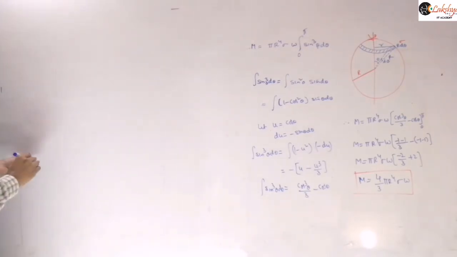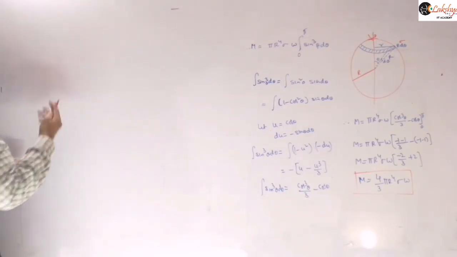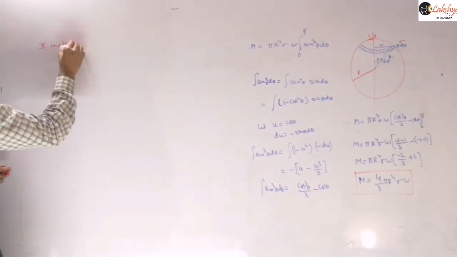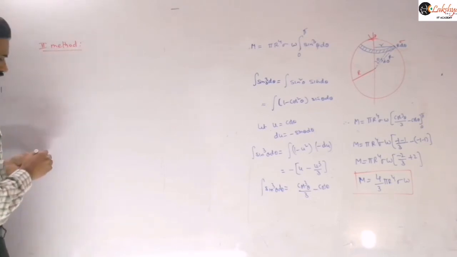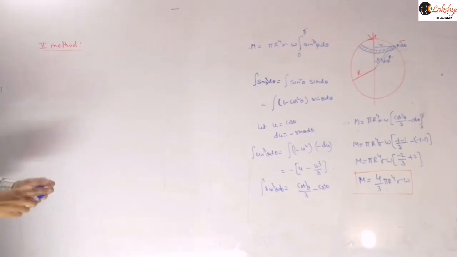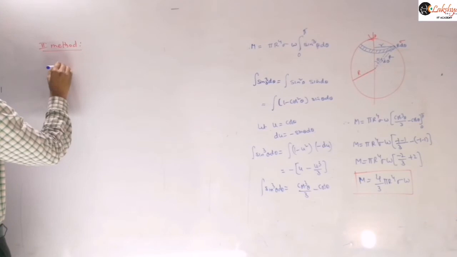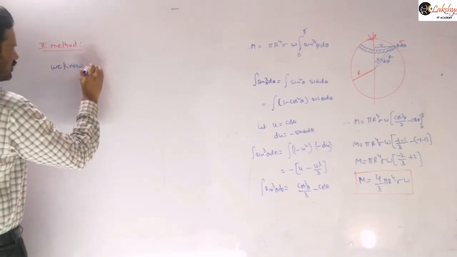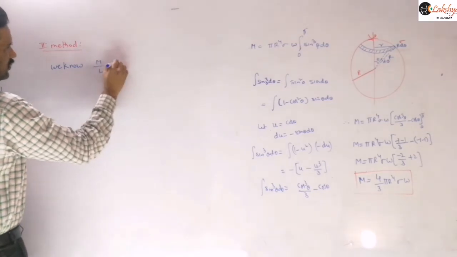Let us write it as the second method. Second method in the sense we are using that ratio. So we know m by L is equal to q by 2m.